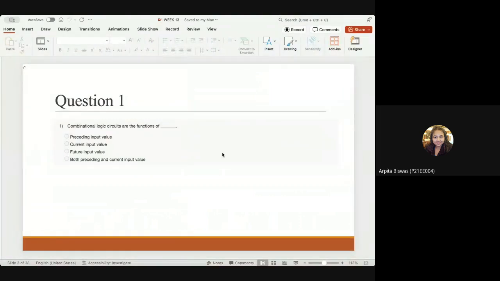So what is the right answer? The right answer is the current input value. Okay, so option B is the right answer.